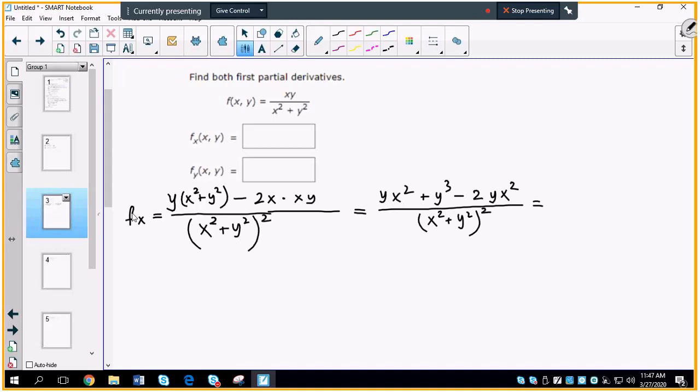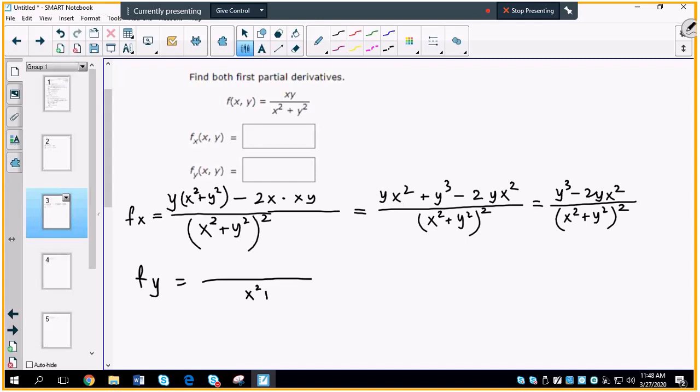So after simplification, I get y cubed minus 2yx squared all over x squared plus y squared all to the power 2. And that is my partial derivative with respect to x. How about the partial derivative with respect to y? So same thing. You're still using the quotient rule because top and bottom both have y quantities.